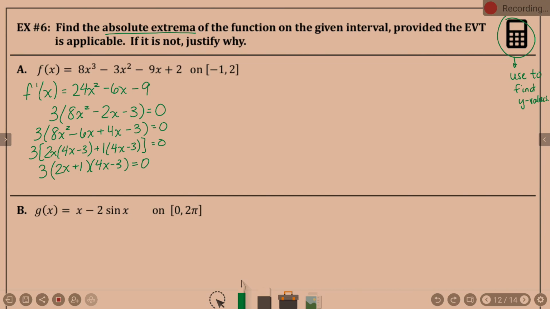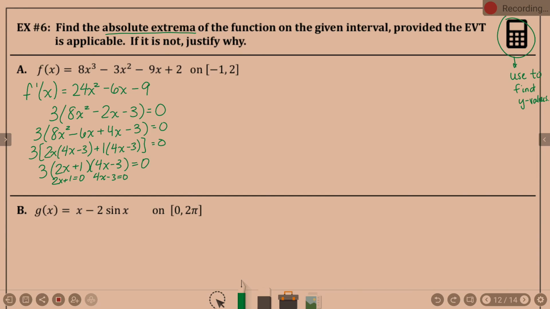Okay. Now, what do we have in the way of critical values? We're going to officially set 2x plus 1 equal to 0 and 4x minus 3 equals 0. That 3 out front is a constant, it doesn't matter.